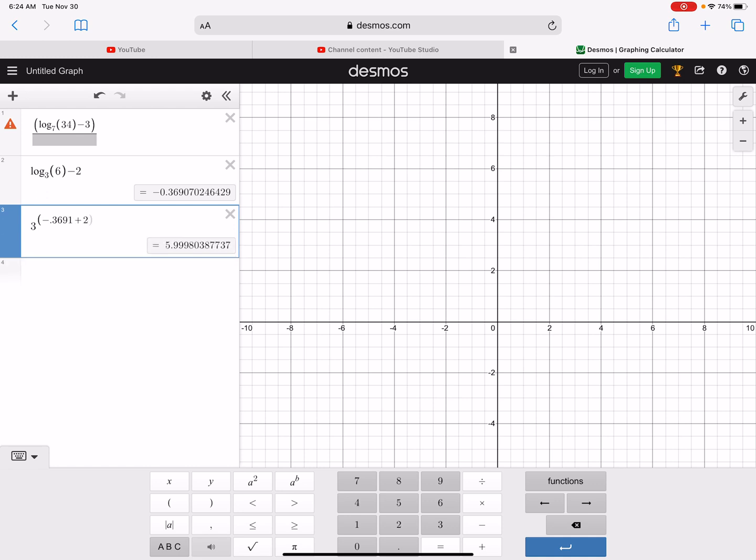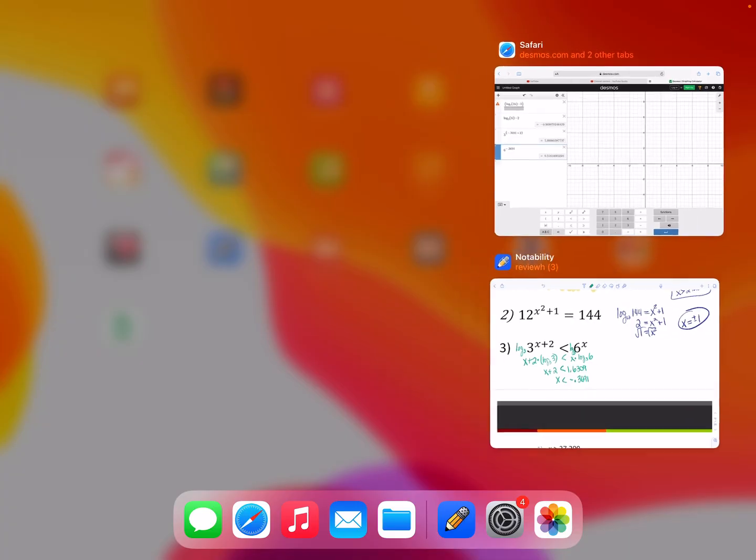Okay, I got that answer. And then if I do 6 to the negative 0.3691, I don't get the same answer. I gotta look and see what I did wrong.